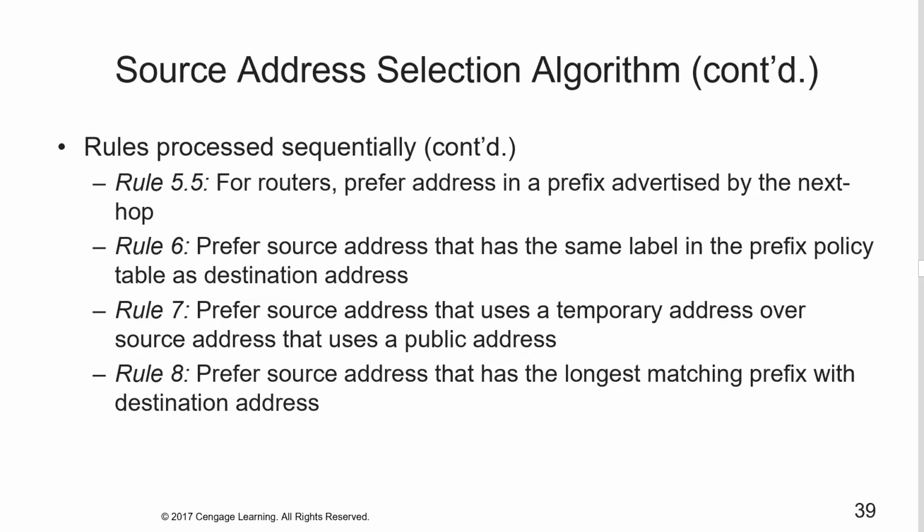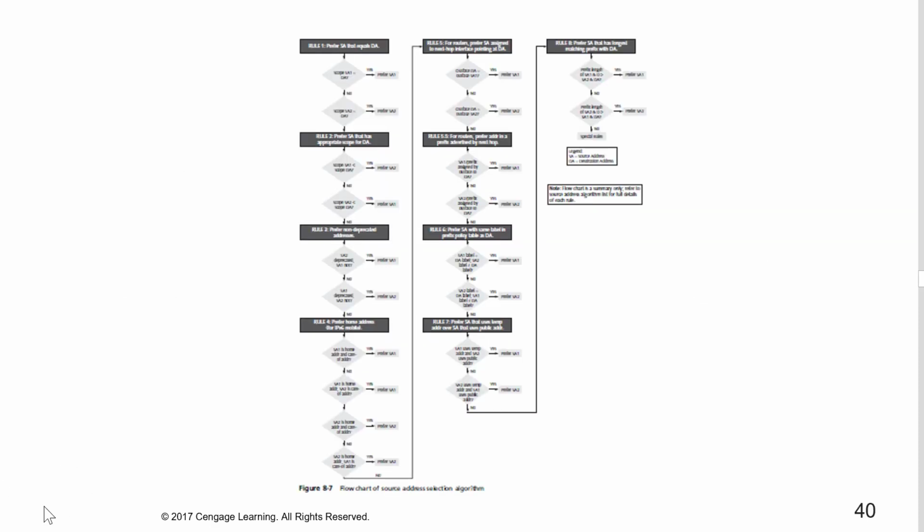Next, you're going to prefer a source address that uses a temporary address over a source address that uses a public address. And finally, you're going to prefer a source address that has the longest matching prefix with the destination address. And here is an example of all the rules in a single flow chart. This is the source address selection algorithm.